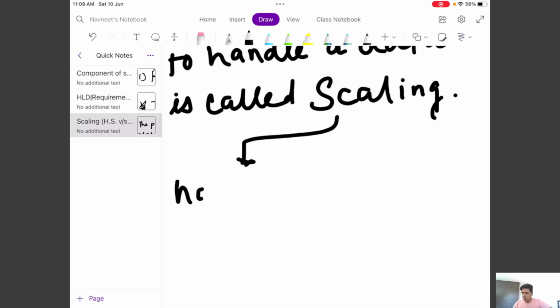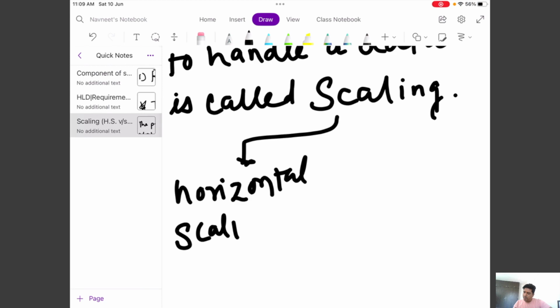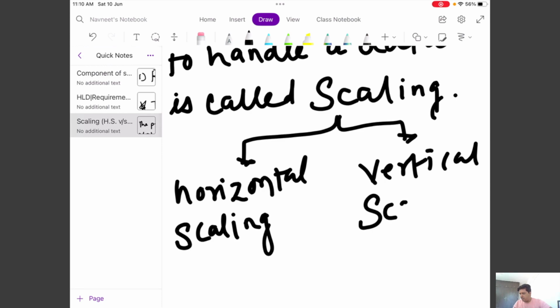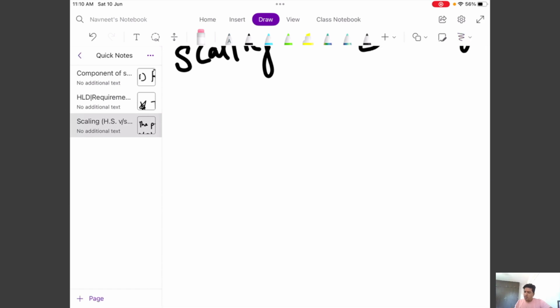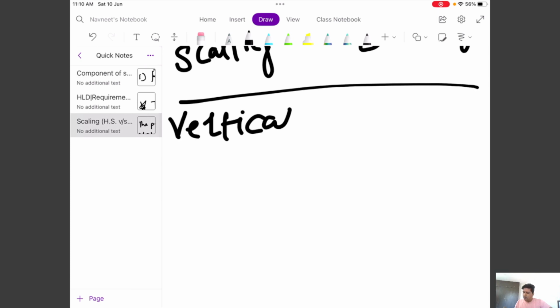One is horizontal scaling, and another is vertical scaling. So first we talk about vertical scaling.